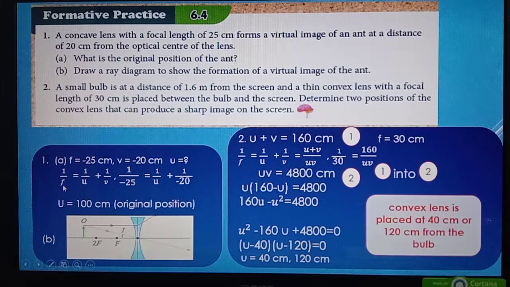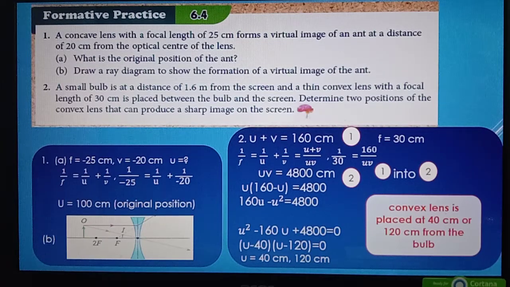Then use the lens equation, substitute f, negative 25, and v, negative 20. Then you calculate, you get u equals 100 cm. Meaning the original position of the ant is 100 centimeter from the lens.